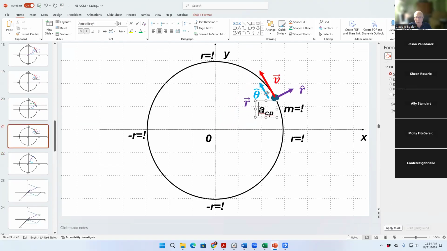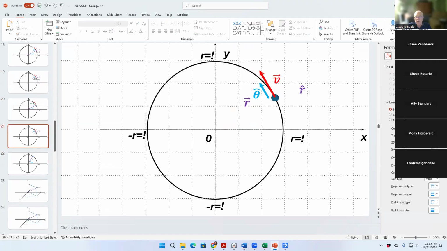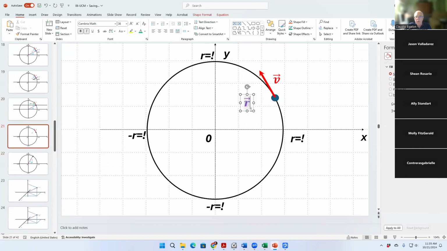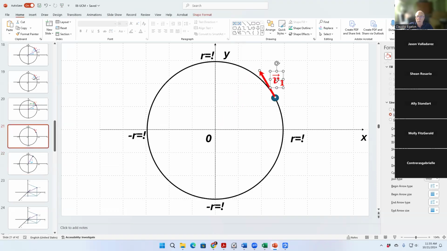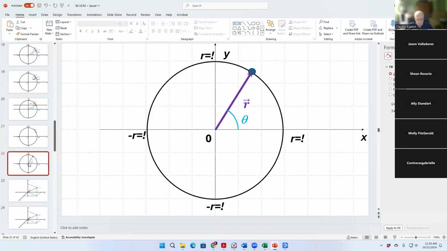I'm going to erase this for now. This velocity vector, I'm going to call it V1. And this other velocity vector here, I'm going to call it V2 because they're two different vectors. V1 and V2.